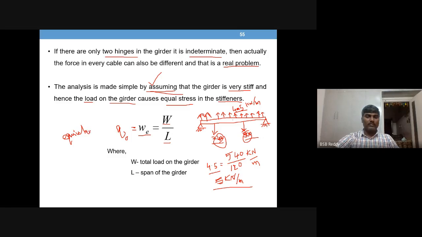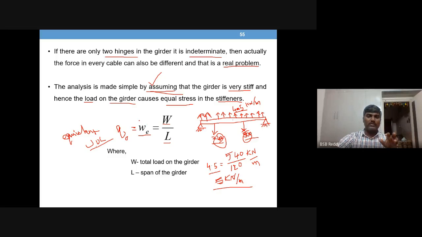If you are solving a two-hinged stiffening girder, find the equivalent UDL from the equation: total load acting on the girder divided by total span of the girder.